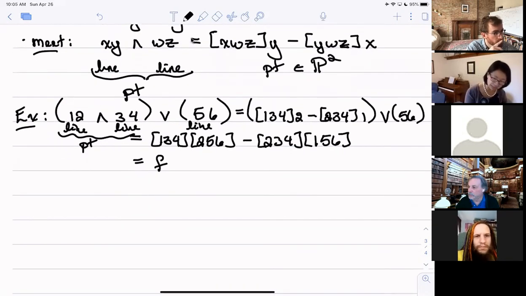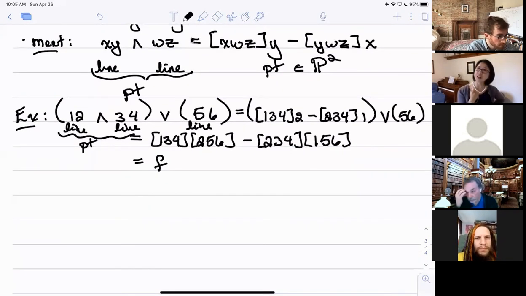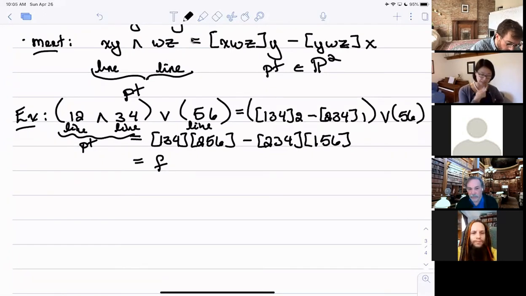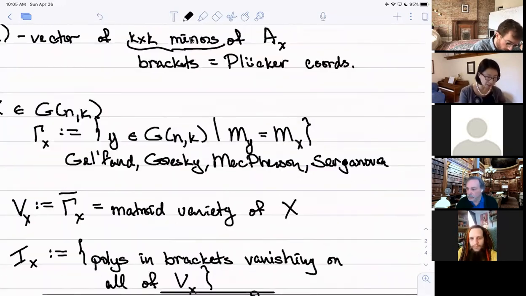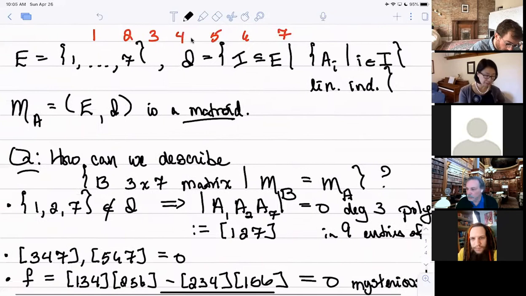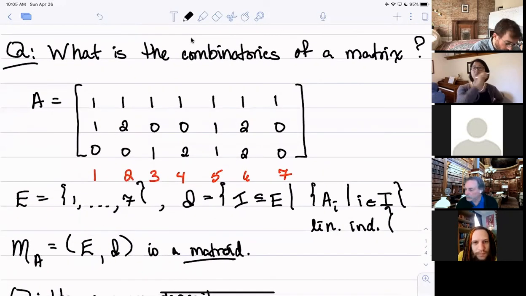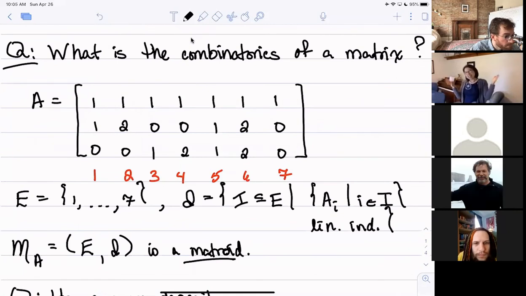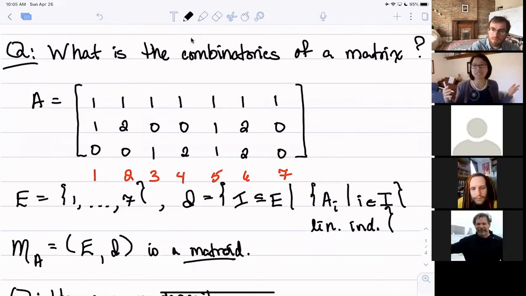Well, let me try to draw the points of the matroid corresponding to the 3 by 7 matrix that I gave in the first place. So we can take a quick look at this thing. You'll notice that the first row is all 1s. And so that's supposed to give you the idea that I'm really thinking of the columns as living in projective 2 space, P2.